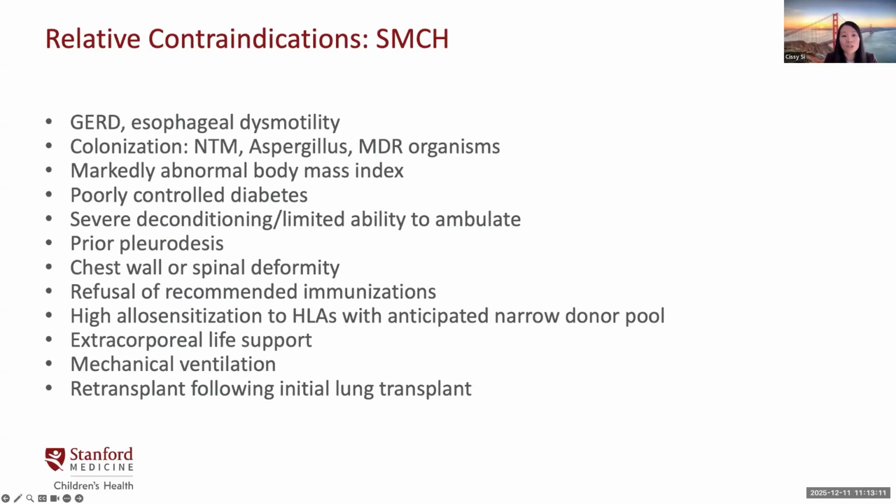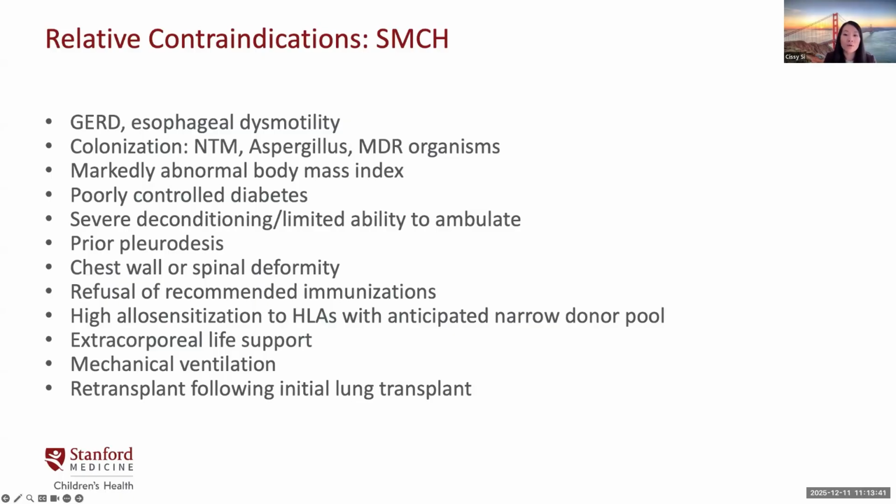There are also a whole host of relative contraindications that might make the surgery more complex, but having one or a few of these does not preclude candidacy. These include things like reflux, esophageal dysmotility, colonization with NTM, Aspergillus, or MDR organisms.